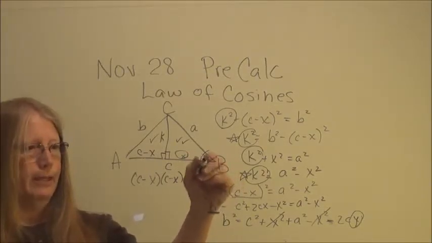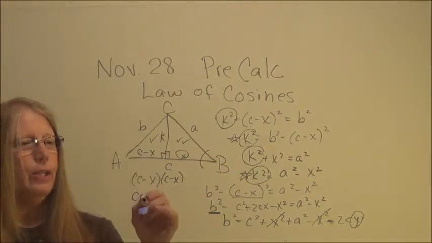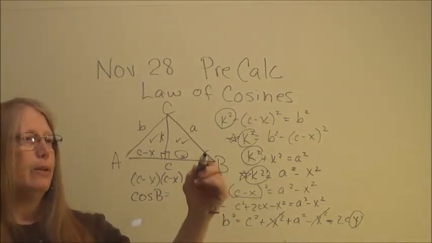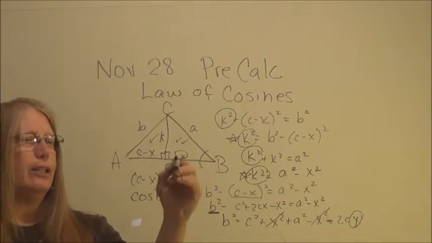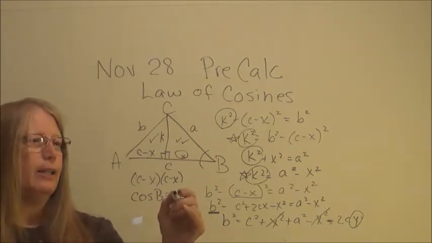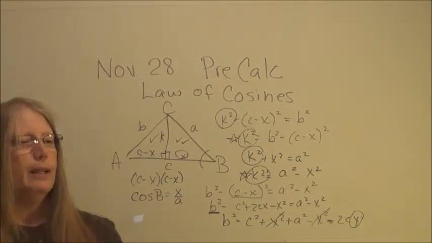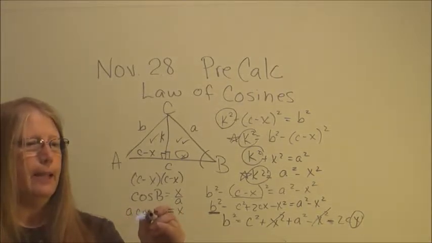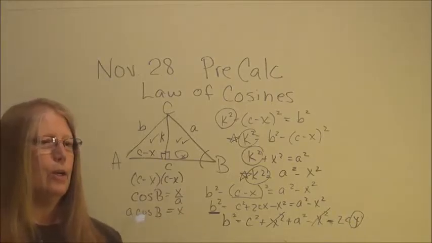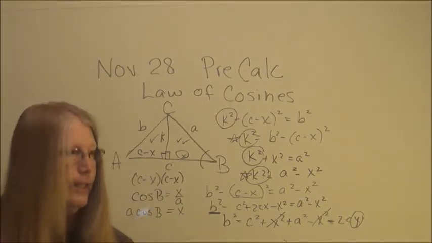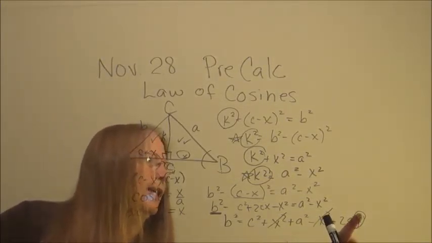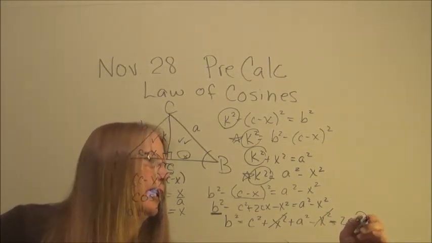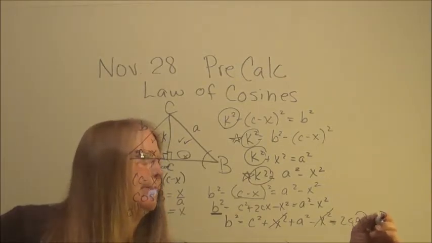The cosine of b is side adjacent divided by hypotenuse, x over a. So I can solve that for x and get a cosine b. So let me write that over in this expression. Where there was an x, I'm going to put in a cosine b.